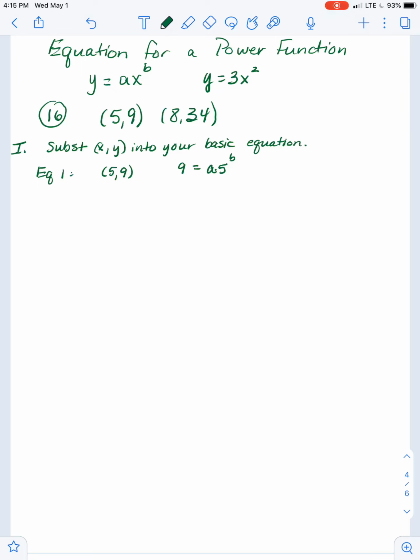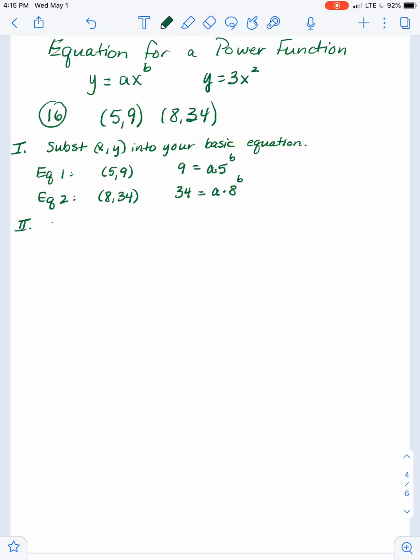My equation 2, with the point (8, 34), is going to be 34 equals a times 8 to the b power. All I've done is substitute into my basic equation for my x and my y.